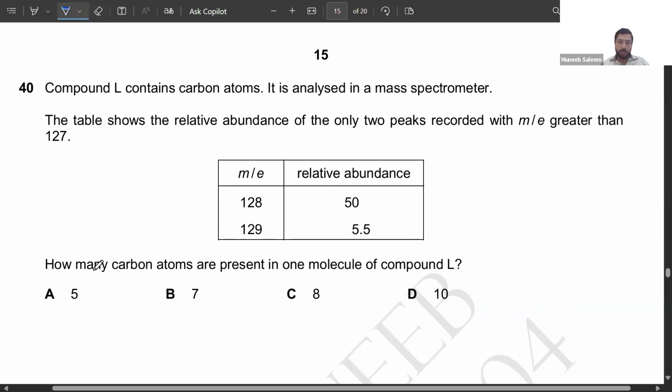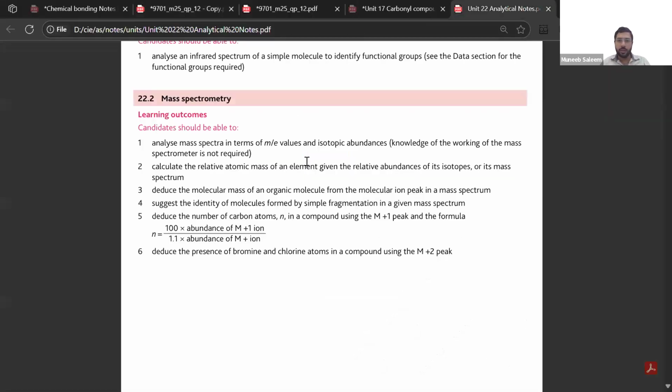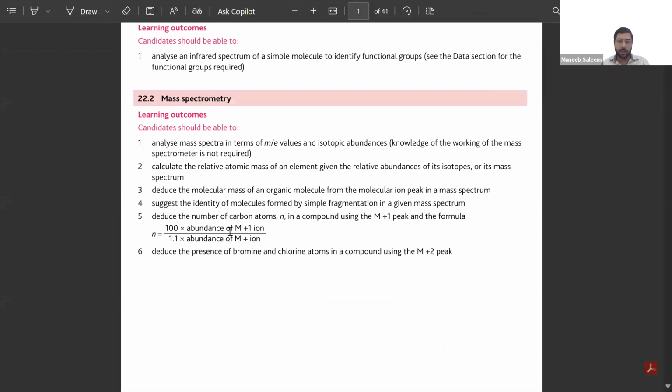So the formula to find the number of carbon atoms from the values of the relative abundance of the M plus peak and the M plus 1 peak is given in the syllabus, and that is this formula.